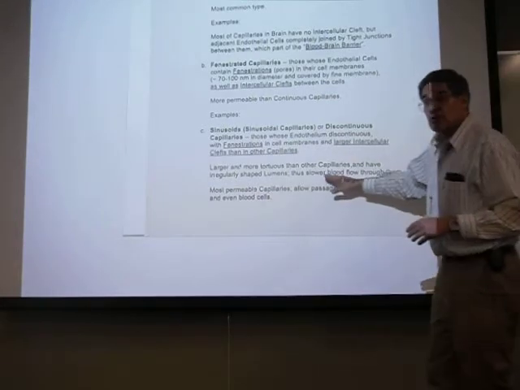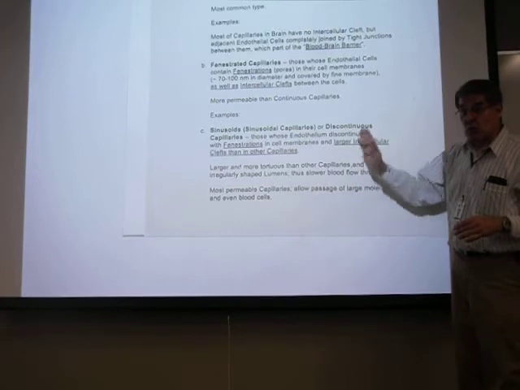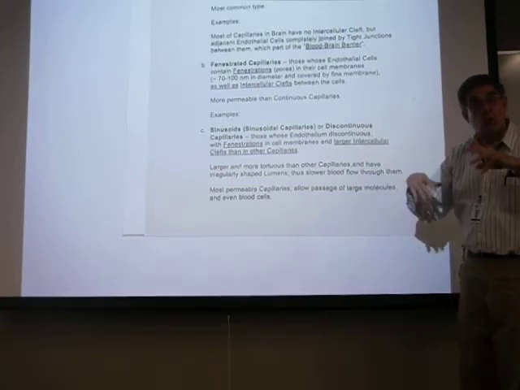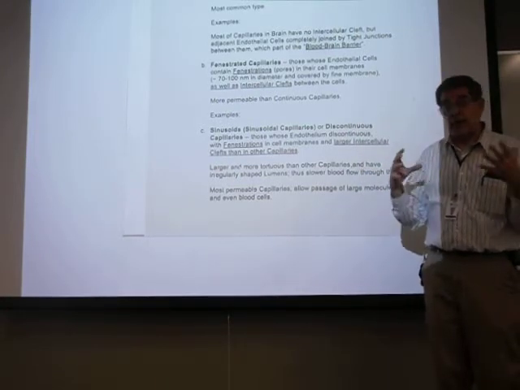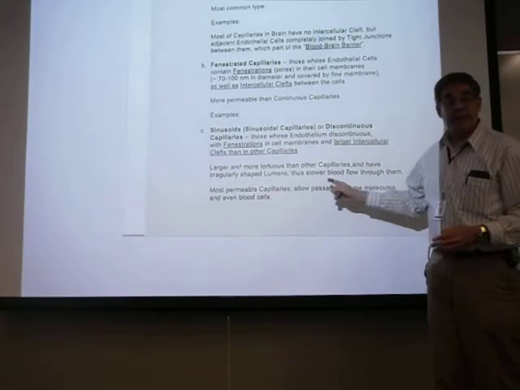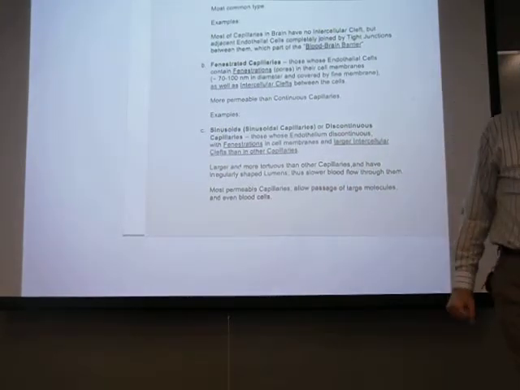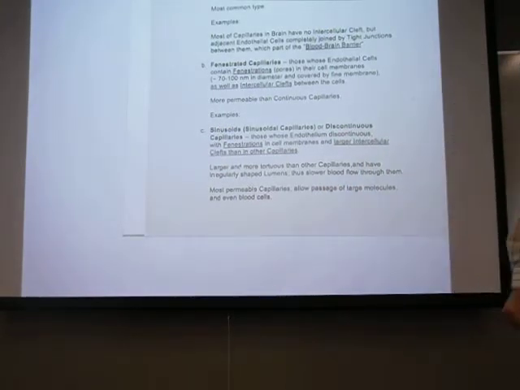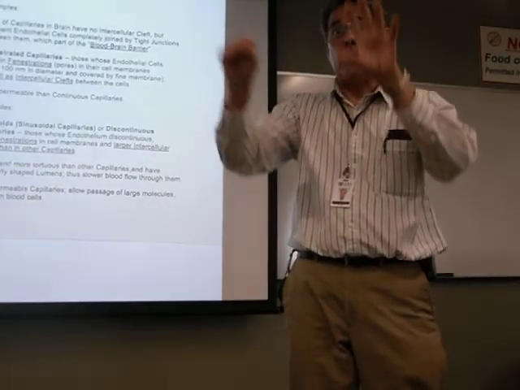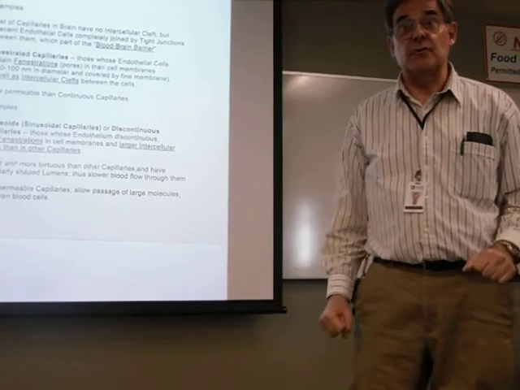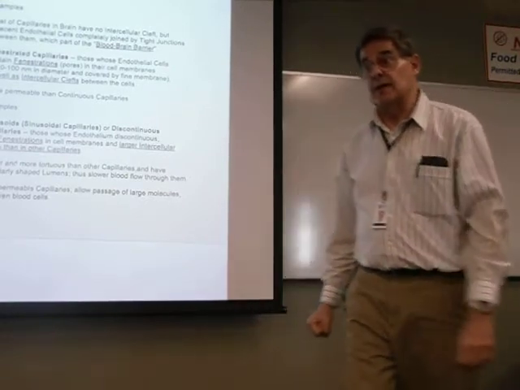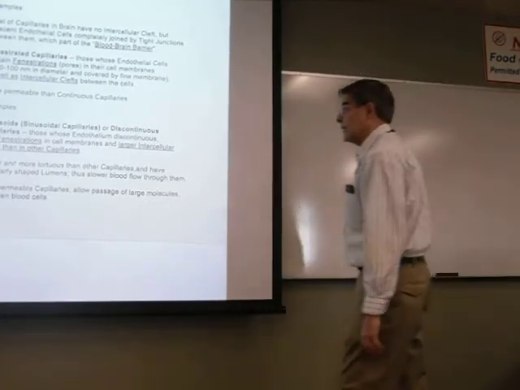They tend to be larger than a typical capillary, more tortuous because they bend and twist more. What this does is slow down the blood flow. And in many of these organs, like the spleen and the liver, they're picking out debris with macrophages. So it gives those macrophages more time to gobble debris up from the blood passing through, and that helps to filter the blood, as in the spleen and the liver.